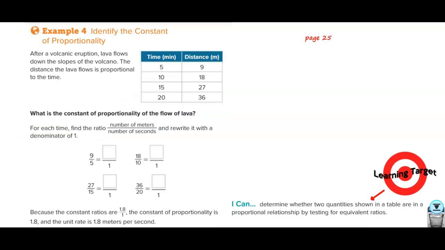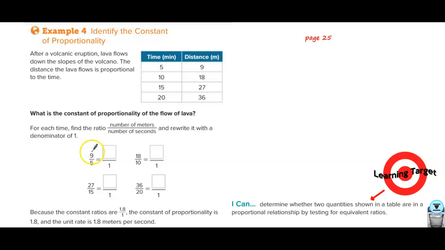Example 4, identify the constant of proportionality. After a volcanic eruption, lava flows down the slopes of the volcano. The distance the lava flows is proportional to the time. So they're already telling you this is proportional. So we know that there's some number that we're multiplying this one with to get this one, but we want to find it. For each time, find the ratio, number of meters over number of seconds, and rewrite it with the denominator of 1.